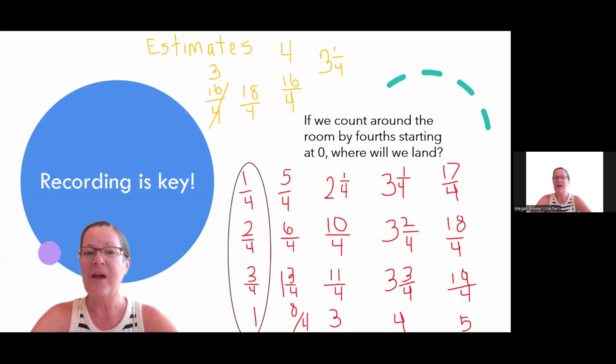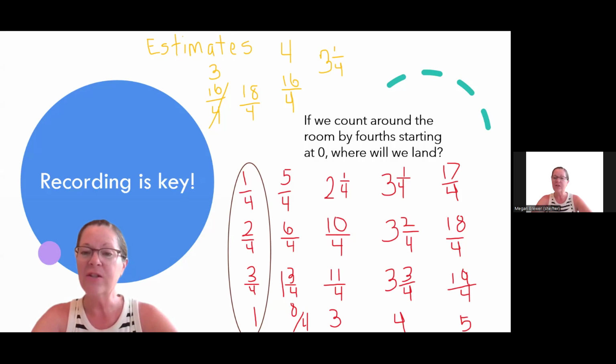So, for example, up here where it says 5/4, that child could have said 1 1/4, but they chose to say 5/4. Both are correct. For example, down in the first column, the last number, that child said 1. That child could have said 4/4. They're both correct. So look at all the interesting patterns and observations and discussions we can have about our fourths.